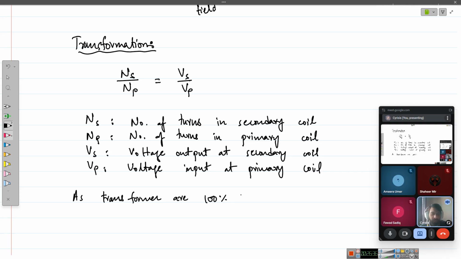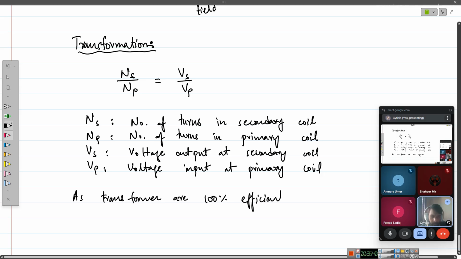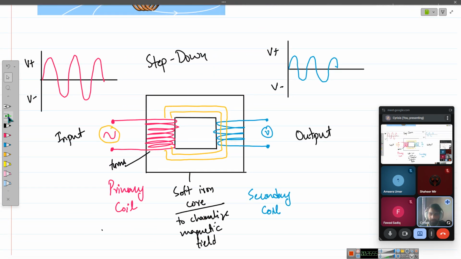So as transformers are 100% efficient, we can say that the power at input is equal to the power at output. In other words, the total electrical power that you're giving in should be equal to the total power which is taken out, except there's a drop in the voltage.